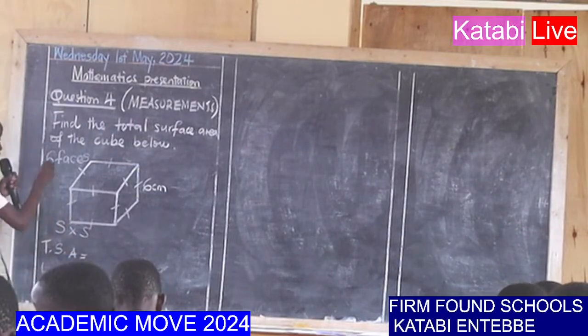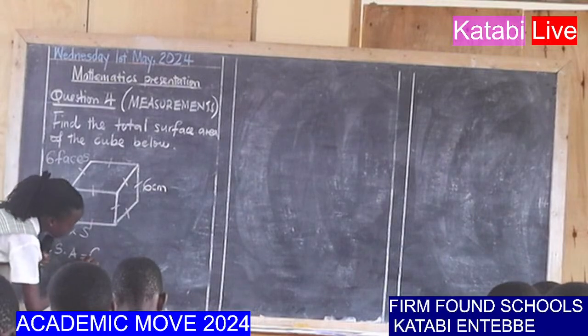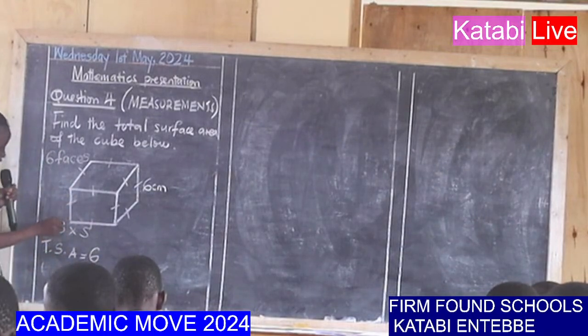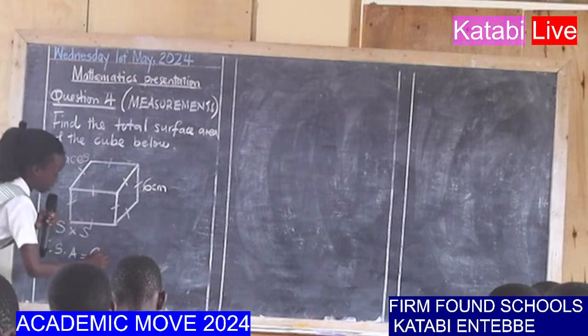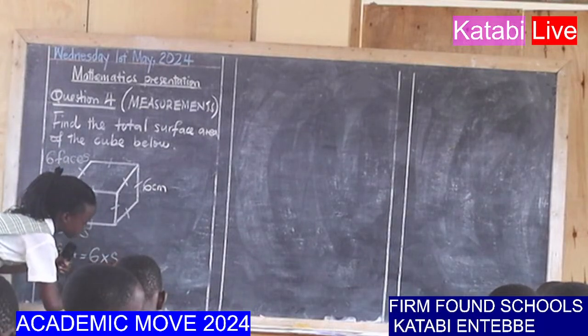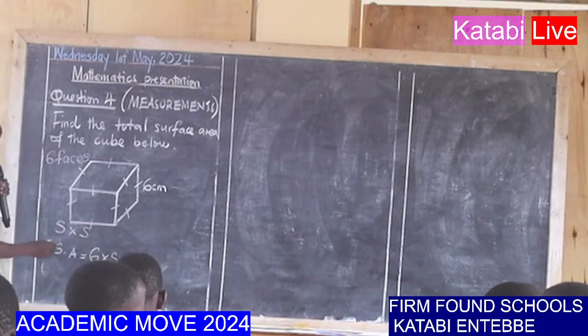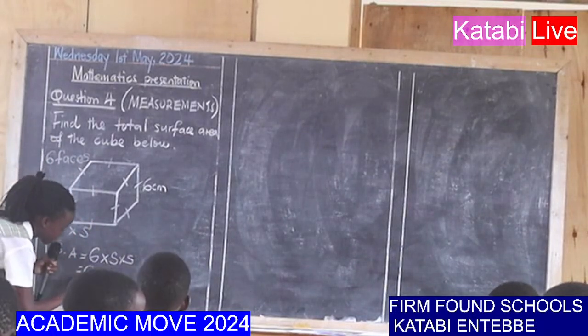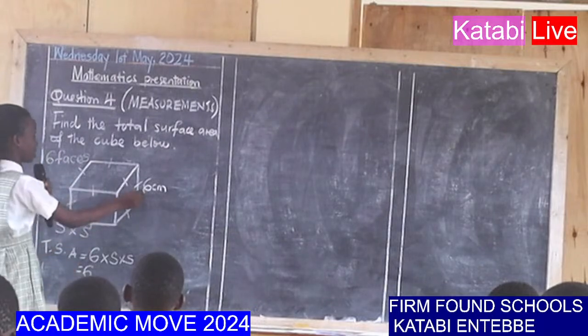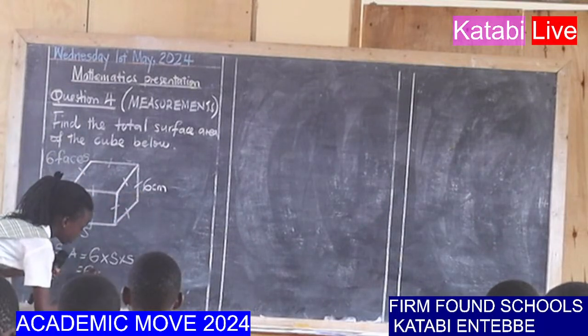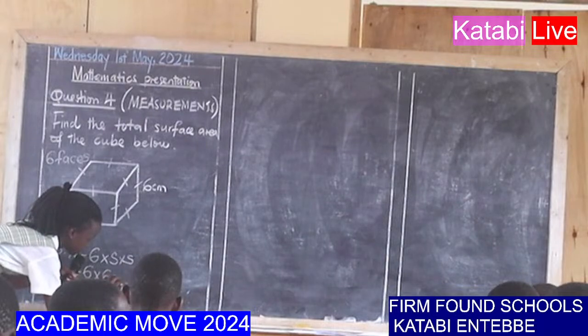It equals this 6 times this side times side. So we're going to write 6. What's our side? 6 centimeters, times 6 centimeters.